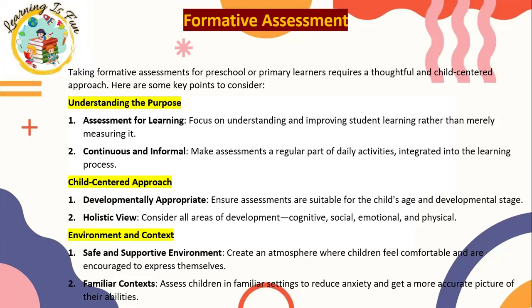Environment and context will come in your daily basis. Your environment should be friendly and safe for the children who are coming to your classrooms, for everyone. It doesn't make any difference for any child, but it should be equal for every child in the classroom or in the school also. Then we'll go.